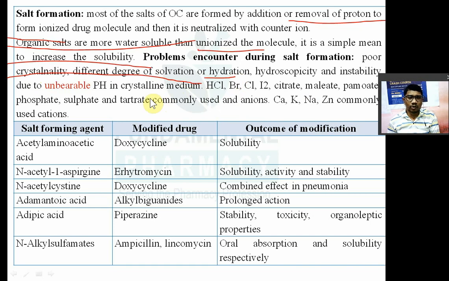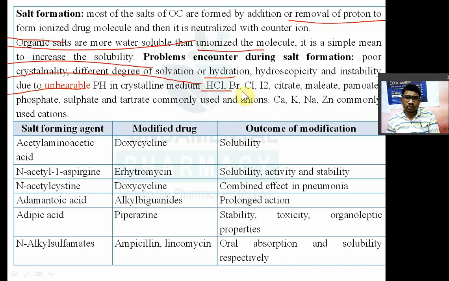If half a water molecule is incorporated during crystallization, it is known as a hemihydrate. If one molecule is incorporated during crystallization, it is known as a monohydrate, and likewise trihydrate. Also hygroscopicity and instability due to unbearable pH in a crystalline medium.